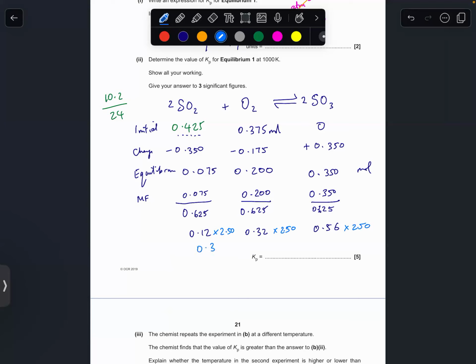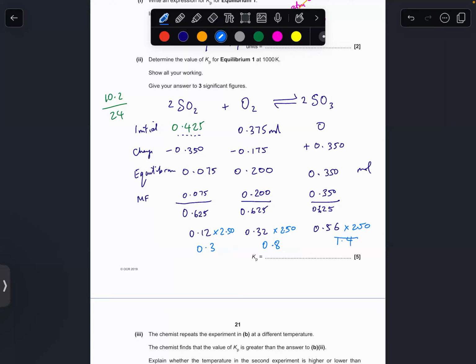0.3, 0.8. That should be 2.5. 0.56 times 2.5, that's more like it: 1.4.